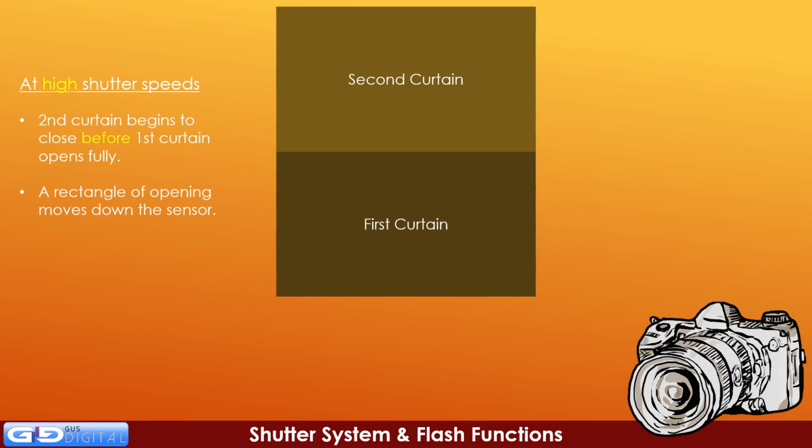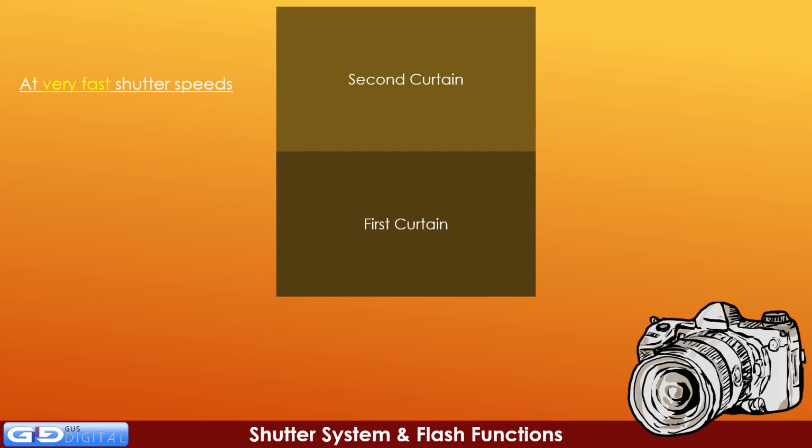This results in a rectangle-shaped opening moving down the sensor, exposing it to the light before the second curtain closes fully. At no time in this process is the sensor fully revealed to the light.